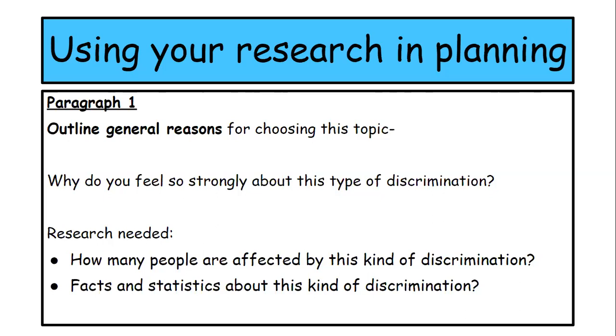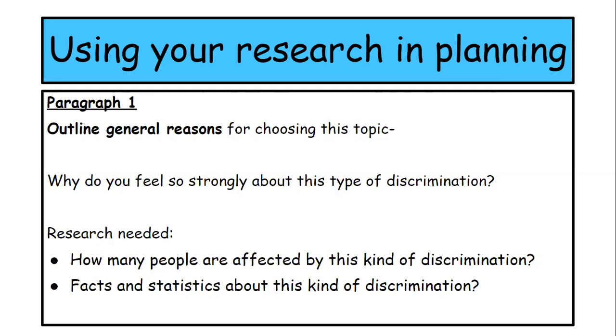So remember we talked about discrimination, and you could pick a specific area of discrimination that you felt particularly strongly about. So we talked about Islamophobia, racism, body dysmorphia, what else was there?